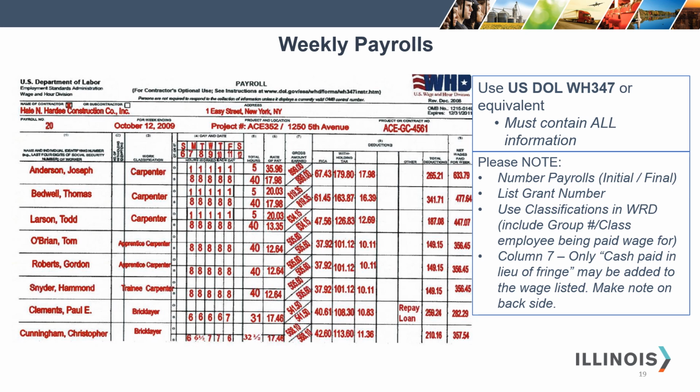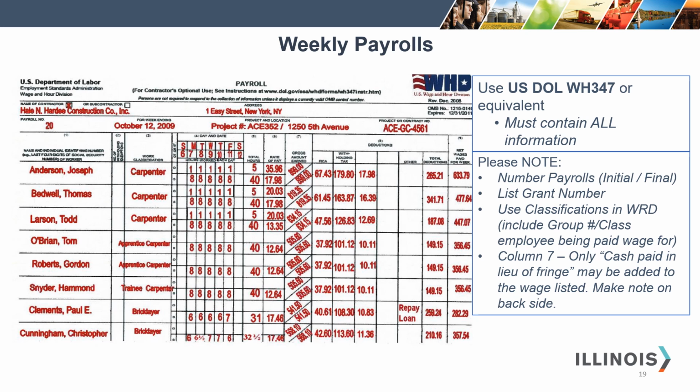You need to list the grant number and the project or contract number. The contractor should use the classification in the wage rate determination for the work classification. If there is a group such as truck driver, engineer, or laborer, then they need to indicate which group or class that employee is working from.